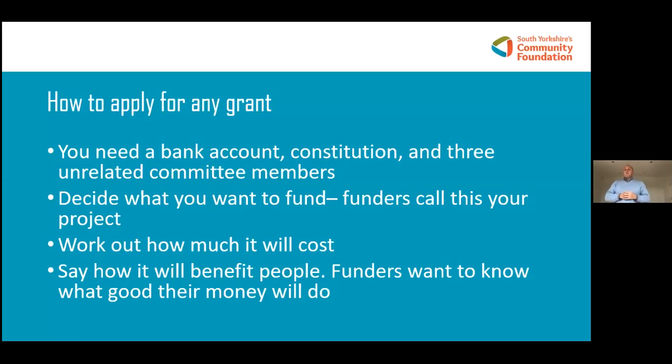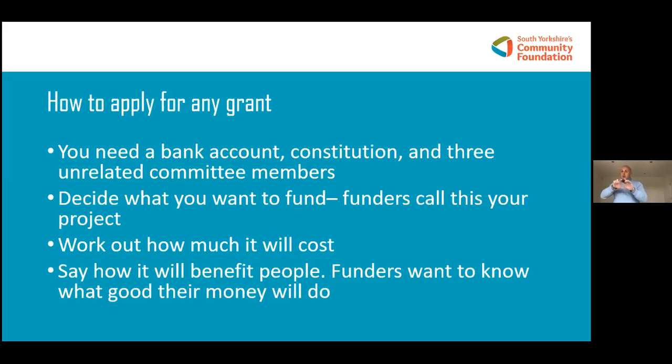So there's some basic things you need to be aware of for any grant. If there's people looking at this who aren't familiar with applying for grants, this is what you need to think about. And it applies to this particular grant, but it applies to any others that you might be looking for. You need to have a bank account in the name of the group. And you need to have some form of constitution. Now, if you're a little community group, you'll have a constitution.